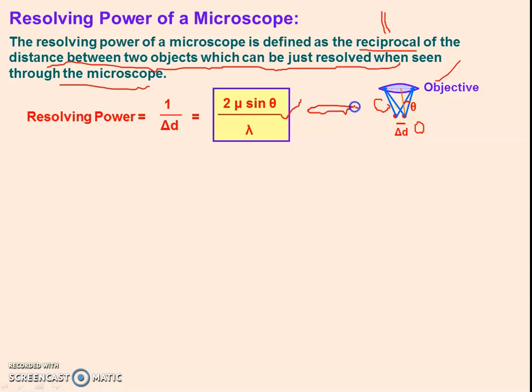See, this is the objective lens and this is the object, right? Now the rays are coming from this object up to this range. Now this semi-vertical angle, half of the angle, is theta, right? So this is theta. Now lambda is the wavelength of light incident at the object.